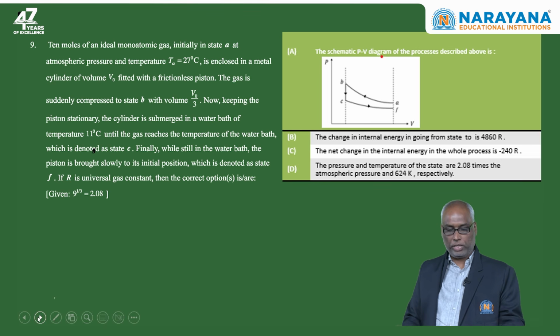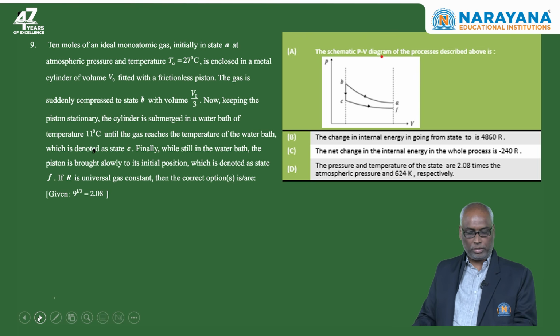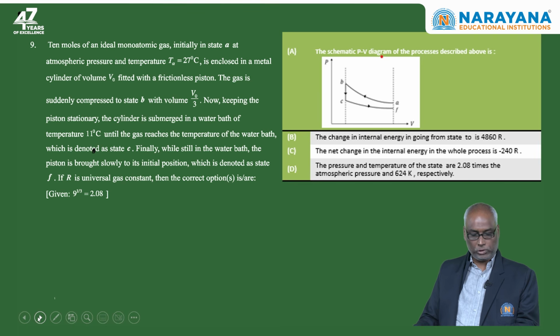If you look at the options, the first option says the schematic PV diagram of the process described. Here they have already given that there is a monatomic gas in state A at atmospheric pressure and temperature T naught equals 27 degrees centigrade, enclosed in a metal cylinder, and the gas is suddenly compressed.